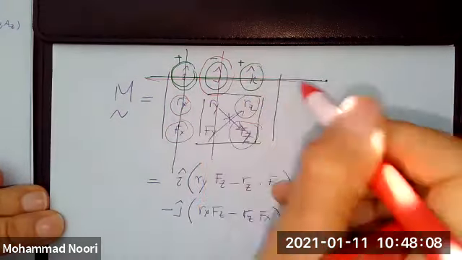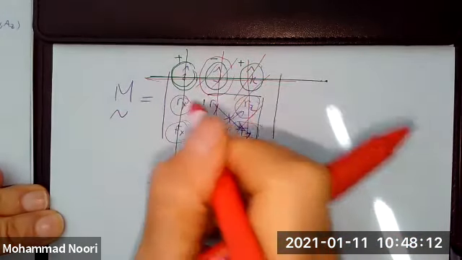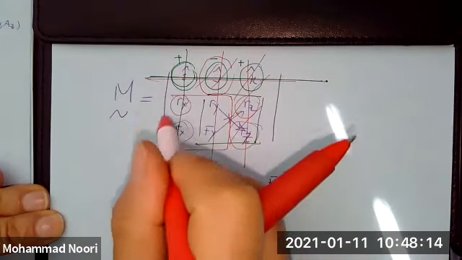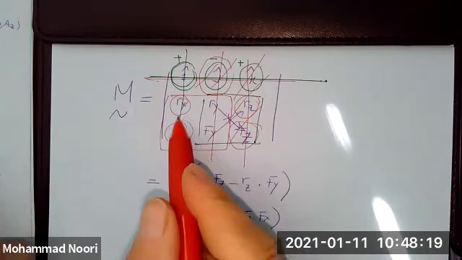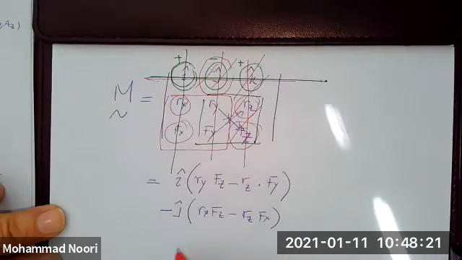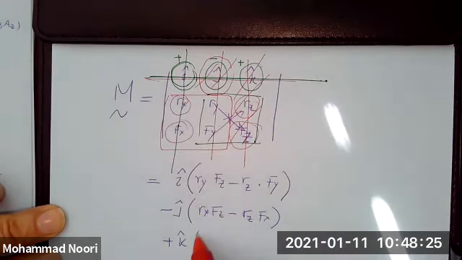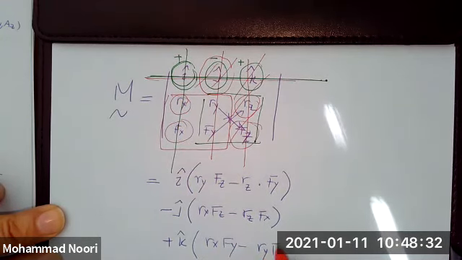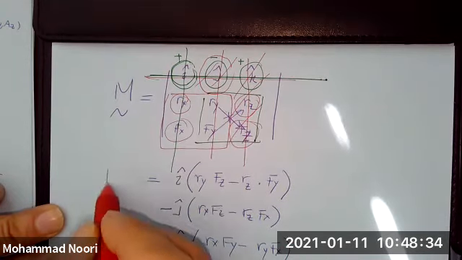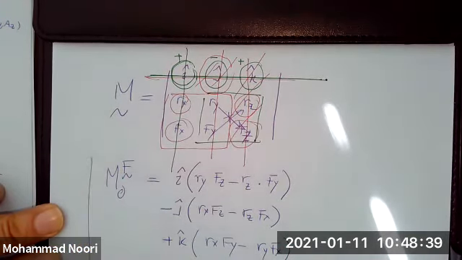You eliminate the row and column corresponding to that, so you end up with this 2 by 2 matrix or determinant, and the magnitude of that would be plus k, which is positive, times (Rx Fy minus Ry Fx). So this would be the moment of that force about point O.